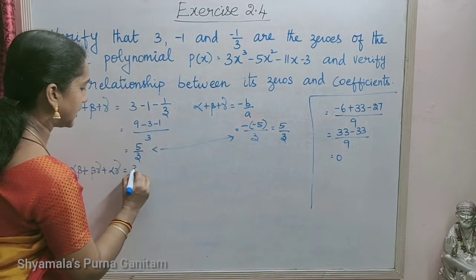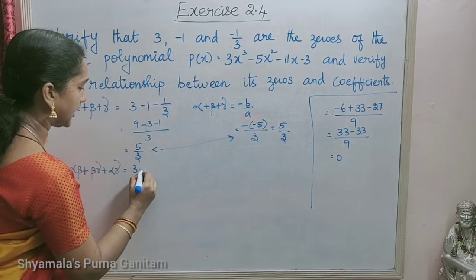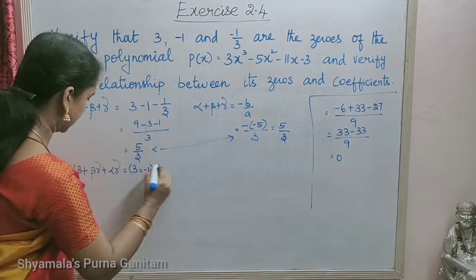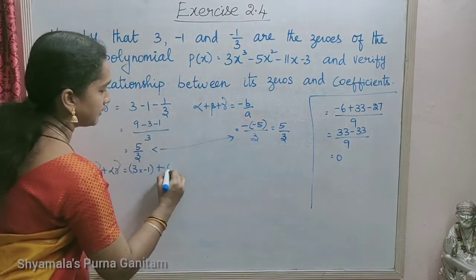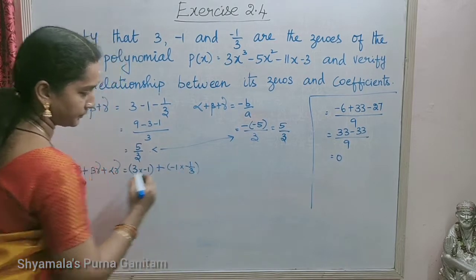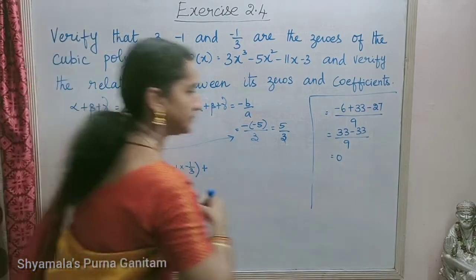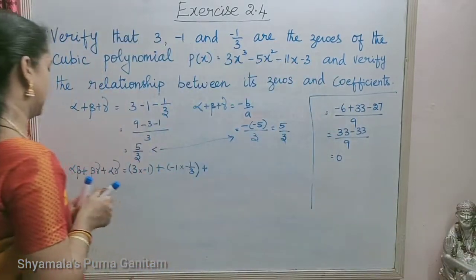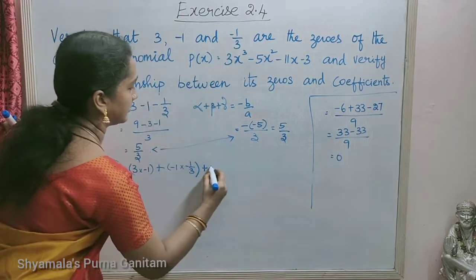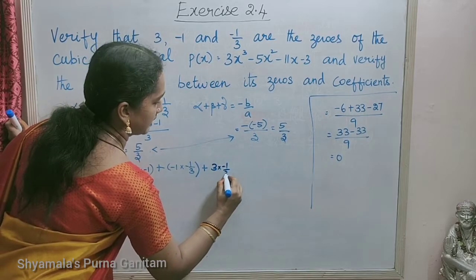Taking 3, minus 1 and minus 1 by 3 as alpha, beta and gamma: alpha beta is 3 into minus 1, beta gamma is minus 1 into minus 1 by 3, and alpha gamma is 3 into minus 1 by 3.